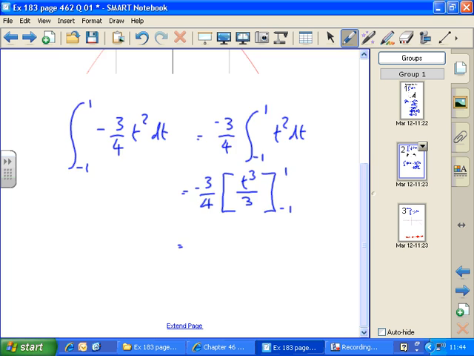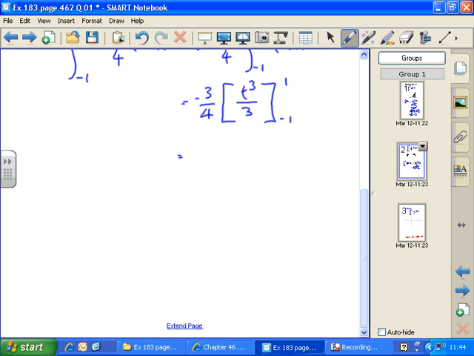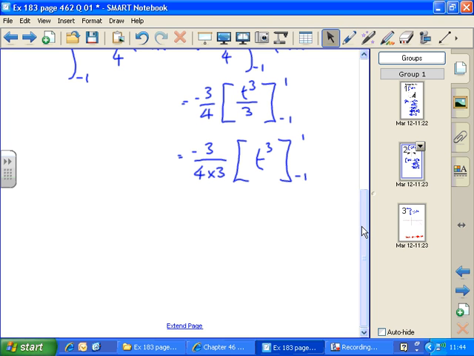Again, I can bring the 3 outside, the divide by 3, so this becomes minus 3/4 times 3, leaving t cubed inside the square brackets between minus 1 and 1. You can see here that the 3's cancel, so we end up with minus 1/4 square brackets t cubed between the limits minus 1 and 1. I've taken the constants outside all the way through here, but if you'd left them inside, you would still get exactly the same answer.